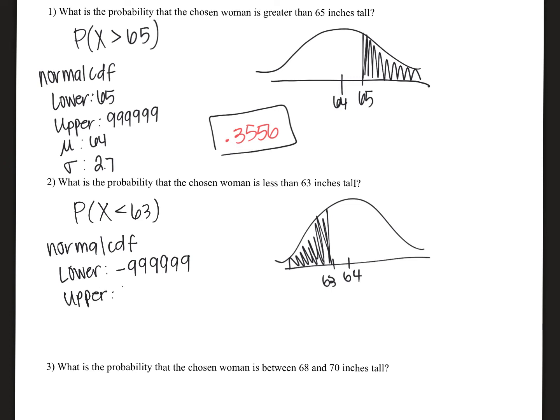Our upper is going to be our value of 63. And we're going to use our mean of 64 and our standard deviation of 2.7.